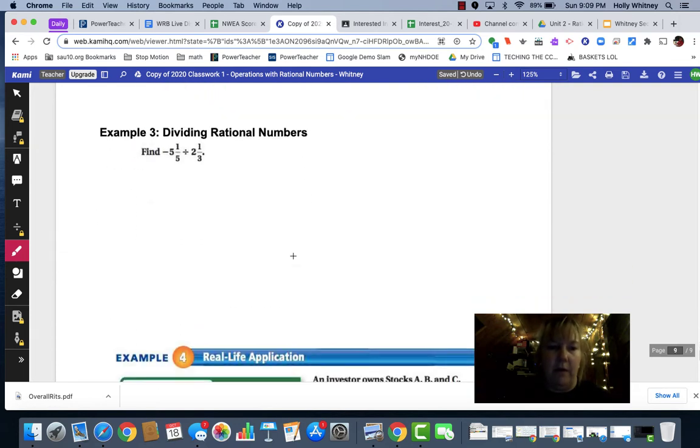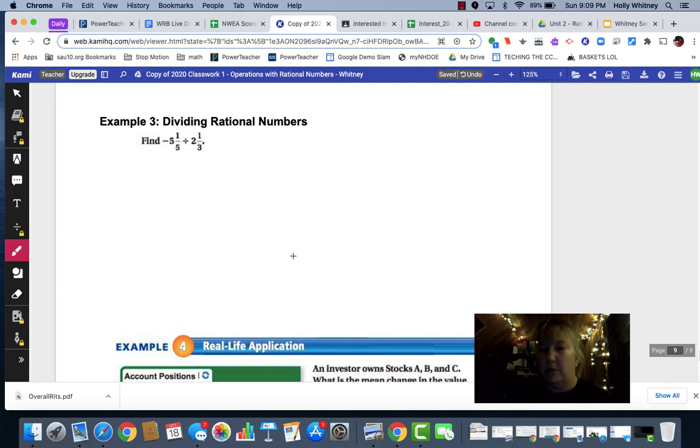So now, dividing rational numbers. We're going to start off with this problem. When you divide fractions, the first step is to convert to an improper fraction.